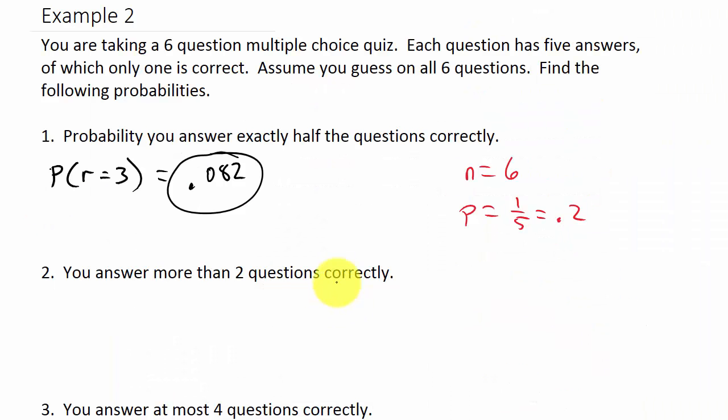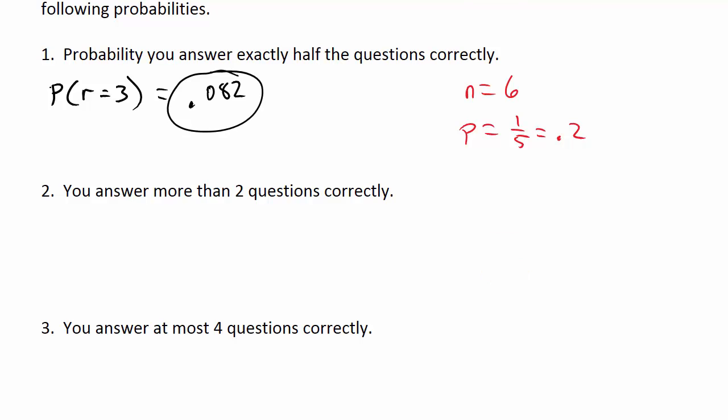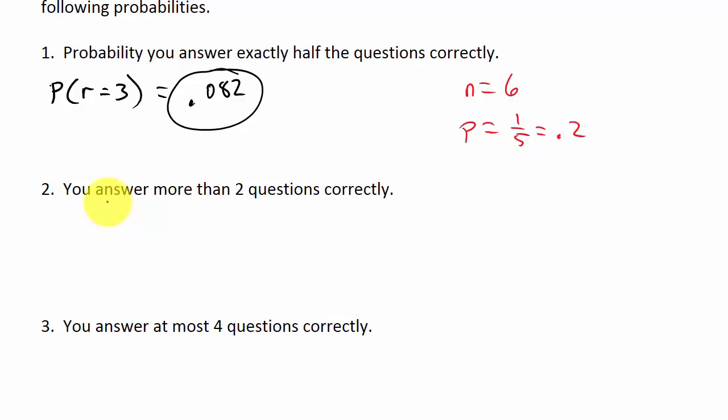As far as these go, I'm not going to do these because we're up around 22 minutes. You know how to do this. You answer more than 2 questions correctly. We can go ahead and write it out. More than 2 questions, so that is the probability that r is greater than 2. The 2 is not included.